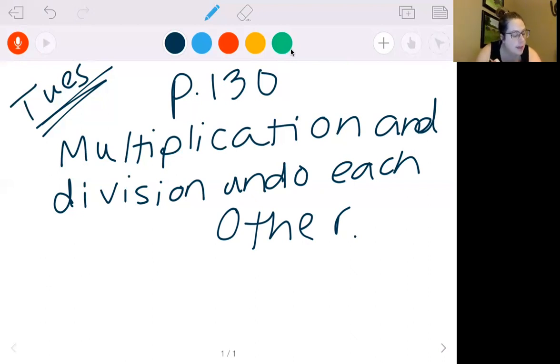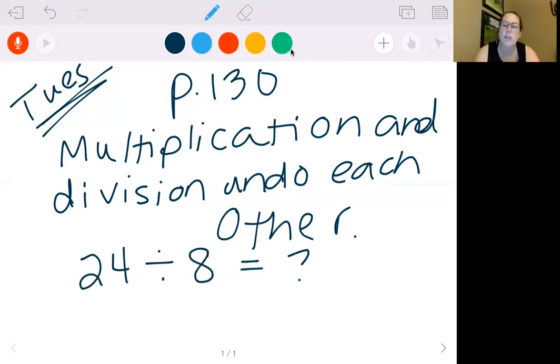First, think about the meaning of division. So they give us the problem 24 divided by 8. Then we're going to say it equals a question mark, even though you probably know what it is already. So this is our number in all. 8 is the number in each group.